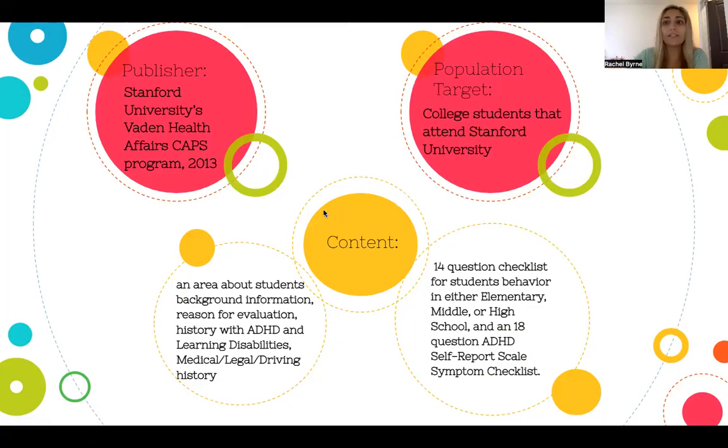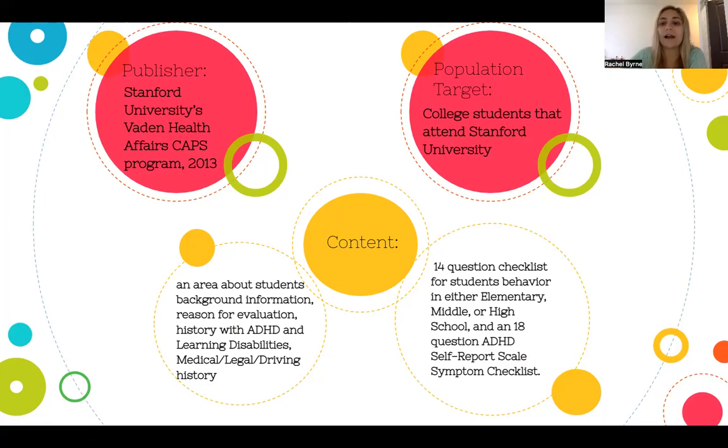So I went into research about ways that people were diagnosed and some tests that were done on students. The publisher of the research that I did was Stanford University's Vaden Health Affairs, and it was written in 2003, and the target population was college students that attend Stanford University.